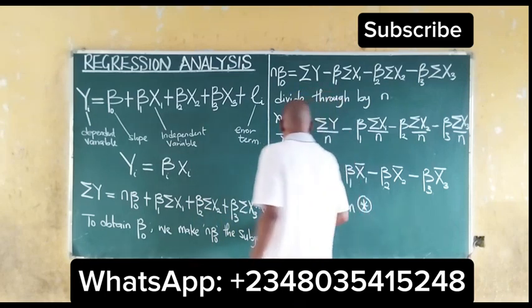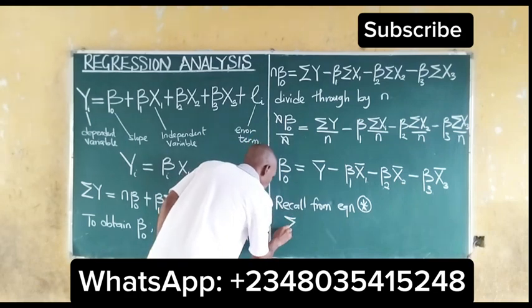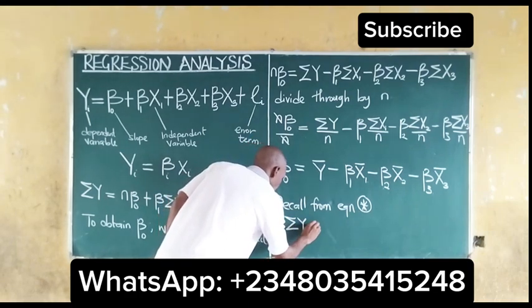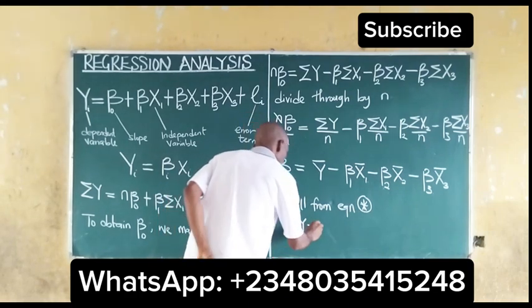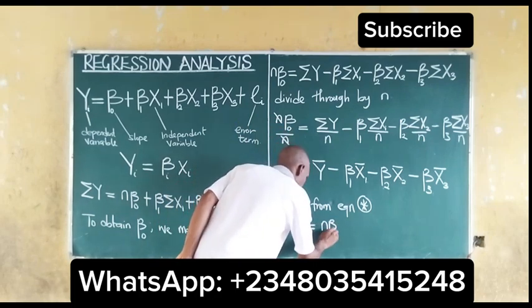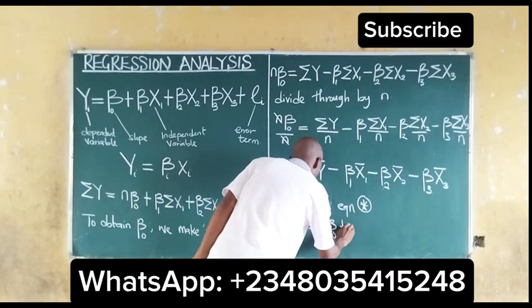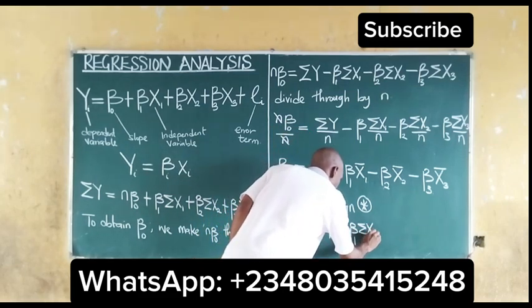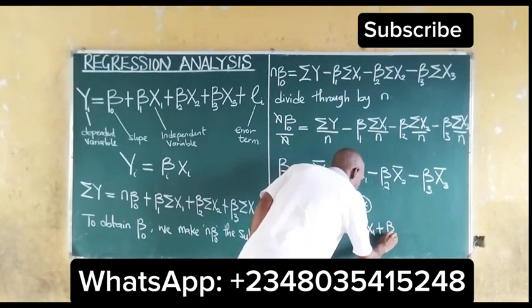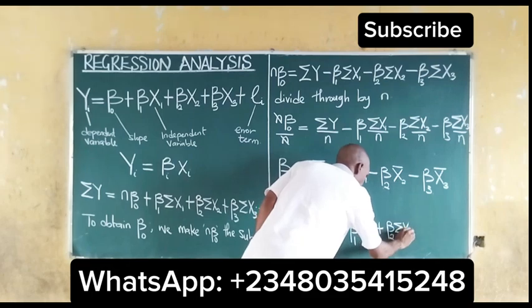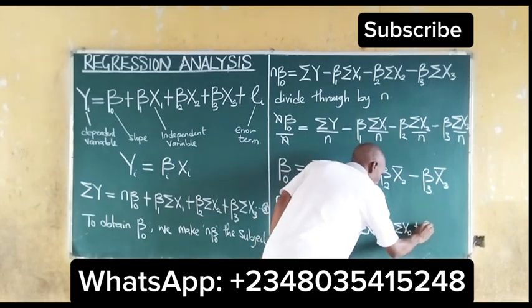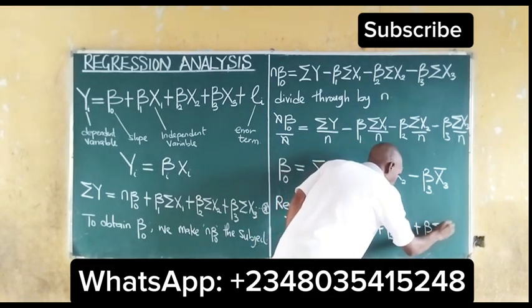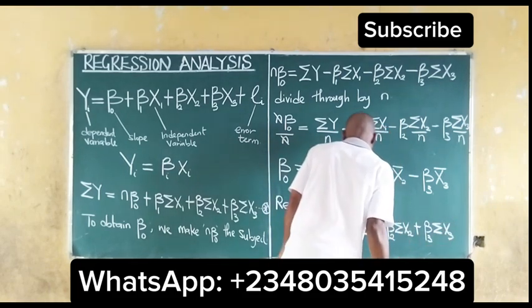This is our equation star. We have that summation of y is equal to n b naught plus b1 summation of x1 plus b2 summation of x2 plus b3 summation of x3.